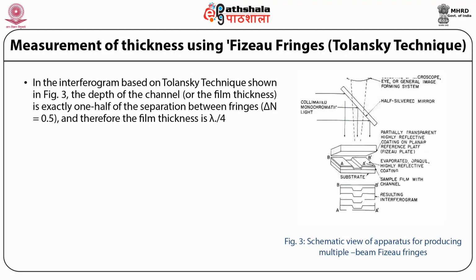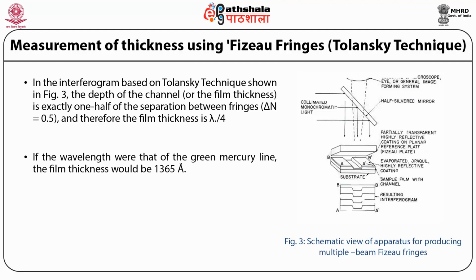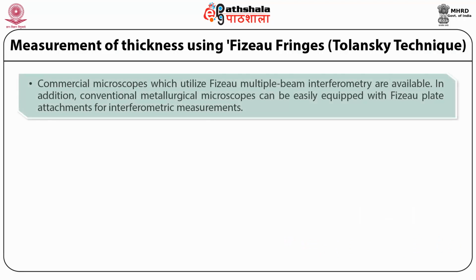That is, Δn is equal to 0.5, and therefore the film thickness is λ/4. If the wavelength were that of the green mercury line, the film thickness would be 1365 angstrom.